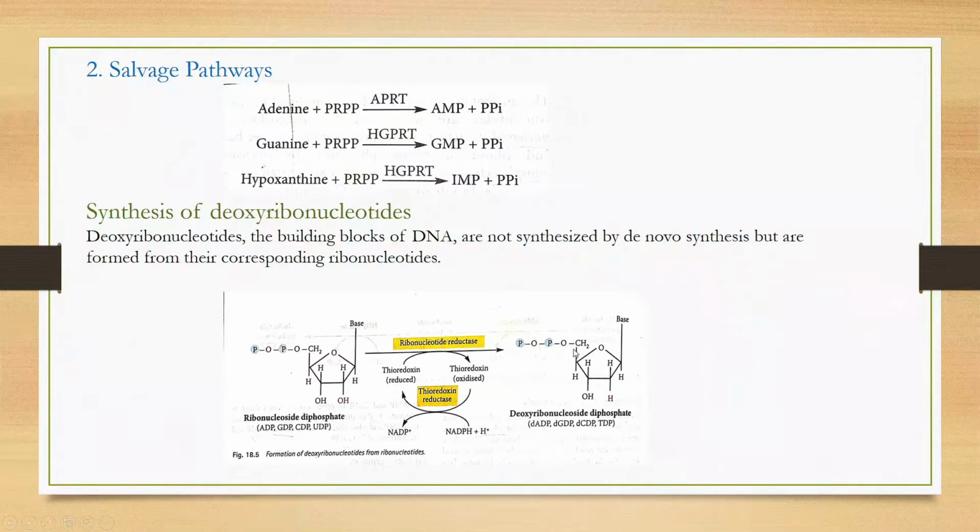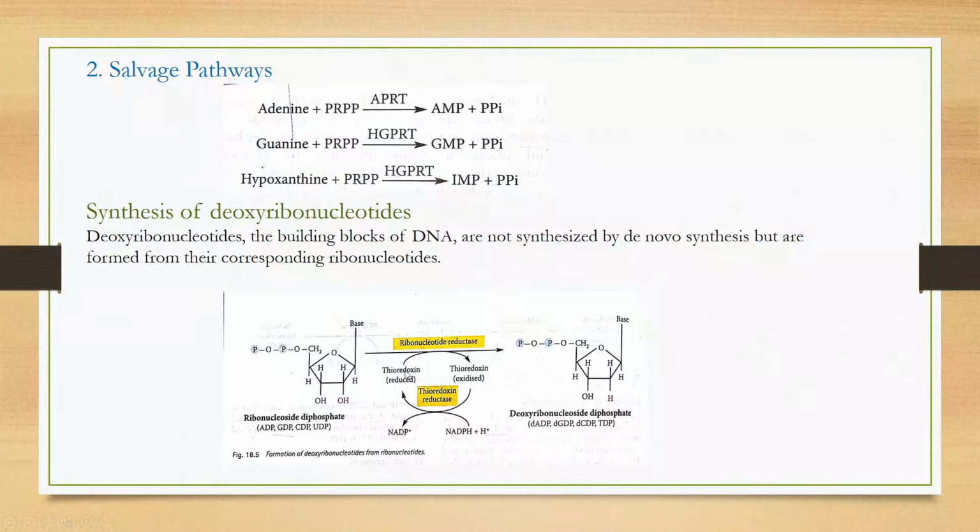It is reduced back to reduced thioredoxin with the help of the enzyme thioredoxin reductase, and the reducing equivalents are donated by NADPH plus H. Again thioredoxin is reduced and NADPH is oxidized. So this cycle is maintained, and there is recycling.